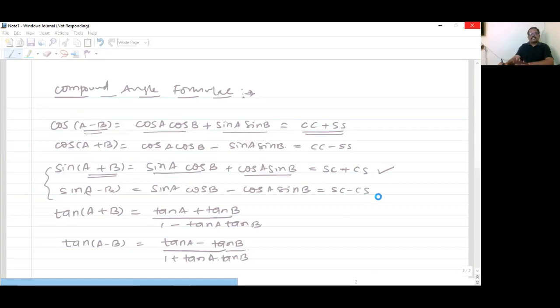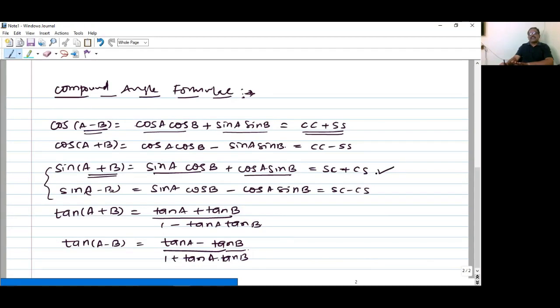Whereas in case of cosine, if the angle is in difference form, that is a minus b form, then the right side is in addition, and if the angle is in addition form, then the right side is in difference form. So these differences we can keep in mind to remind the formulae. That is a very important concept to remind this compound angle formulae, right?